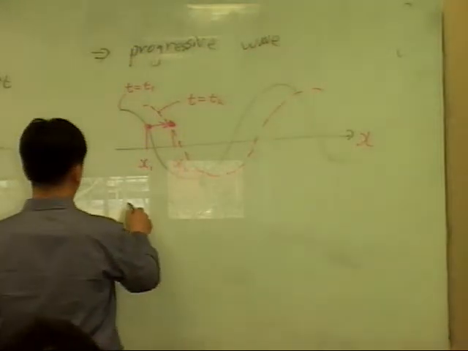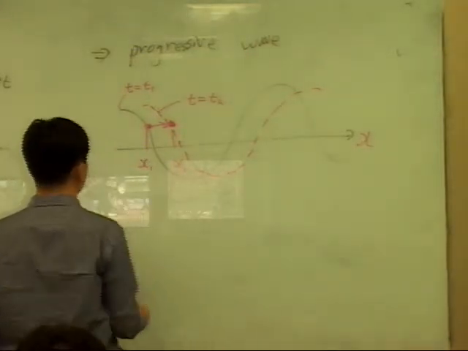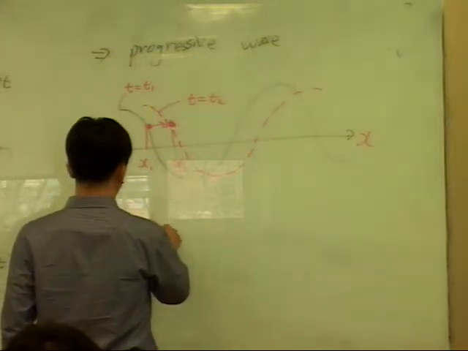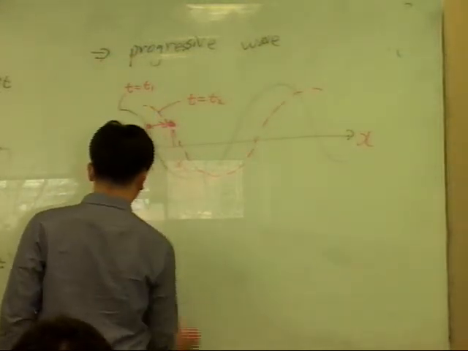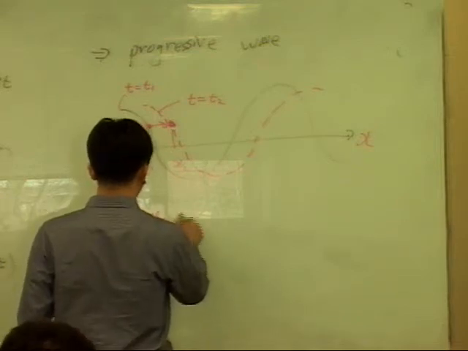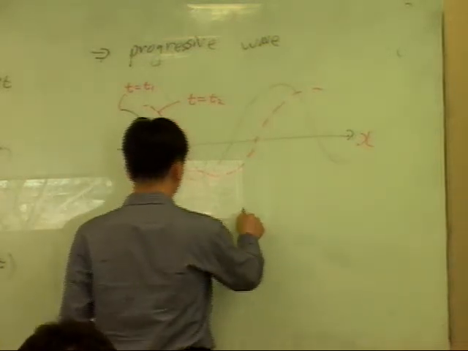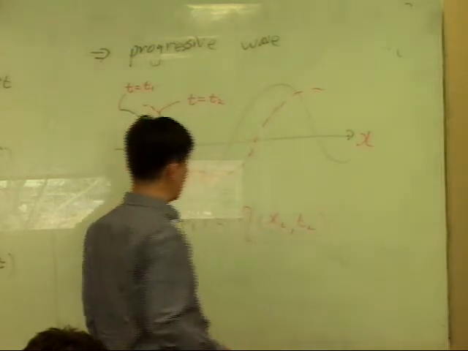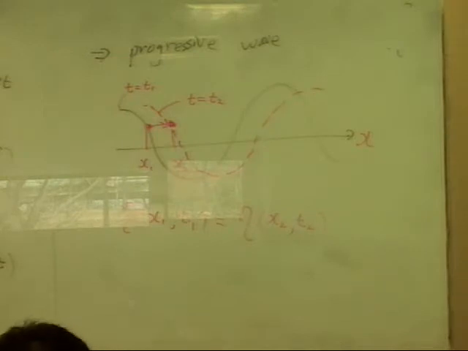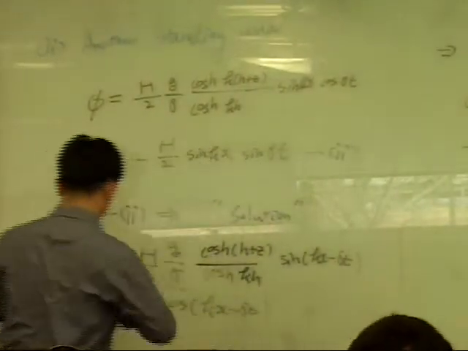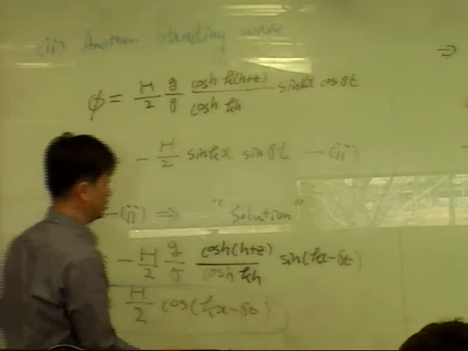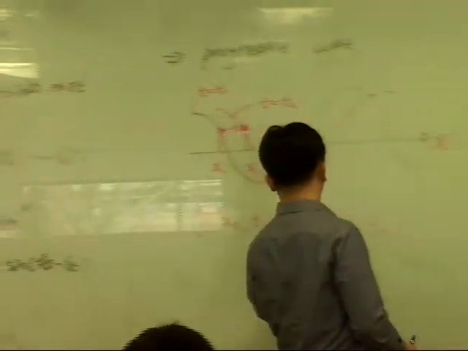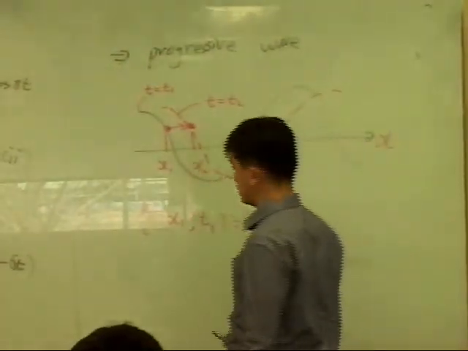So x1, t1 and x2, t2, right? And here is this equation. In this equation, let's put x1, t1 and x2, t2 into that equation.